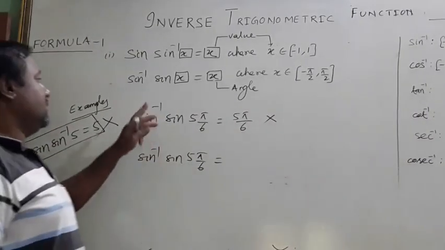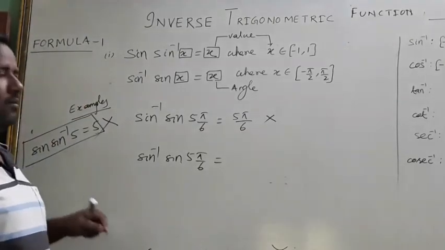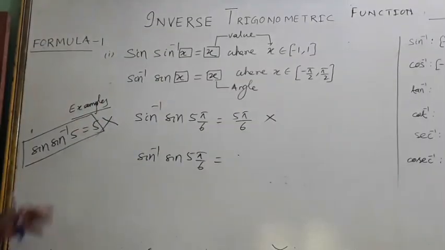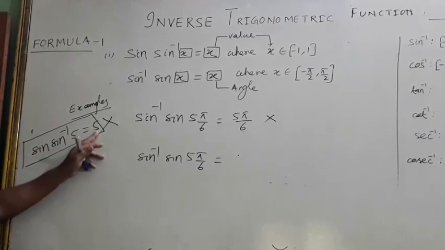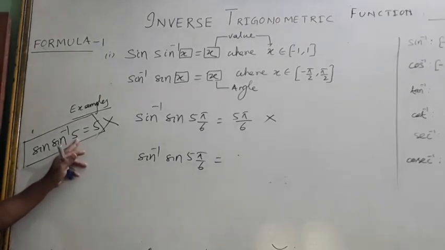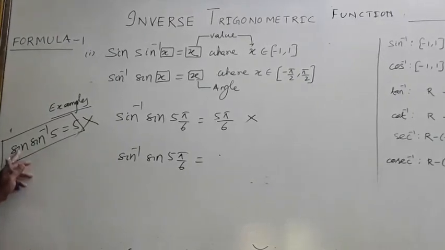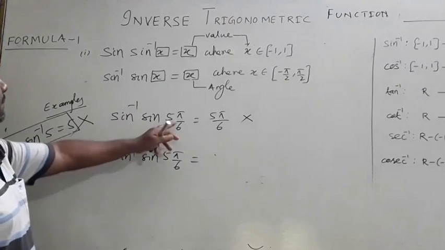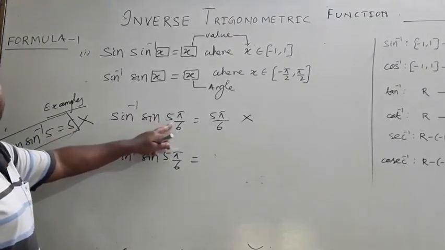But here this wrong can be rectified. Now sine inverse 5 is 5. It is wrong, as 5 does not lie in between minus 1 to 1. Here look at the difference. Here sine inverse 5. Here sine inverse sine 5 pi by 6. Because after sine, what will come? Angle.